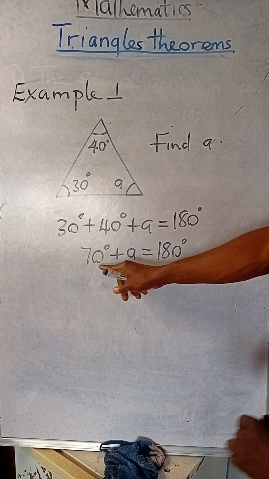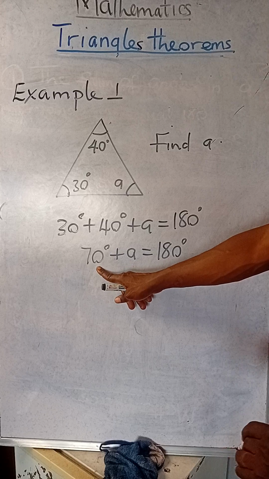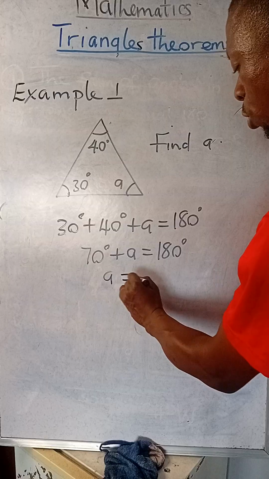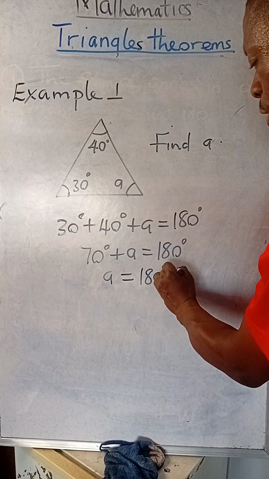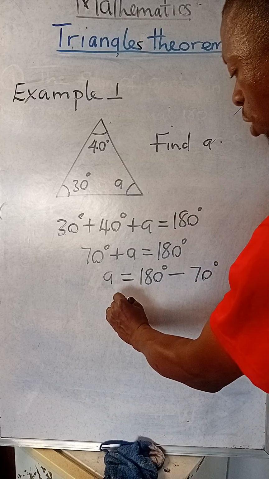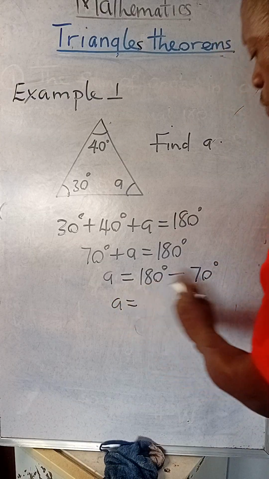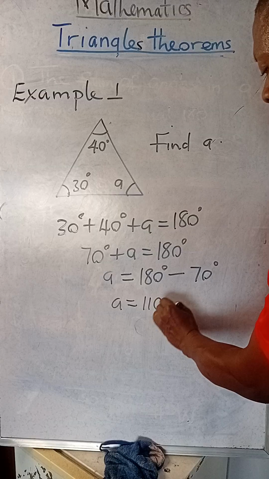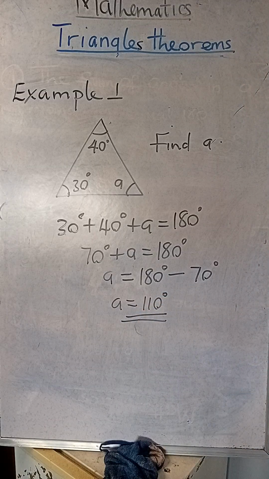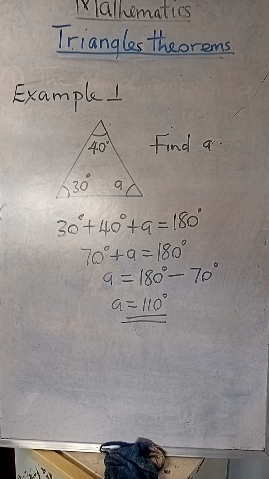Solving that, subtract 70 from both sides, we're going to have A equals 180 degrees minus 70. So this gives us A equals 110 degrees. I hope this is quite simple and it's clear.